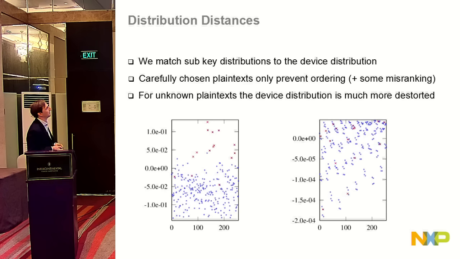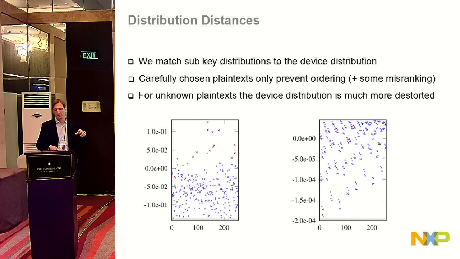Compared to this, for the unknown plaintexts, we have a much worse scenario, and they look much more scattered. So this is a single experiment. We did this several times to get the distribution of the ranks, and again, for the carefully chosen plaintexts, this is the distribution of the subkeys in general, and you can see that they have very low ranks.